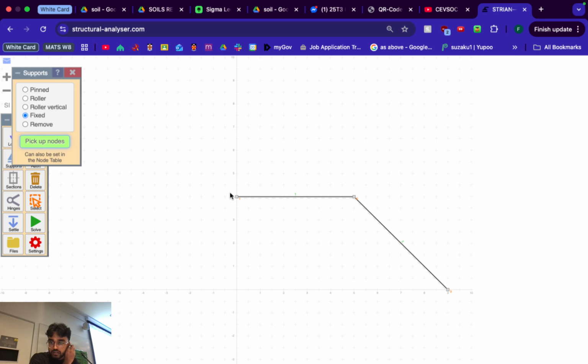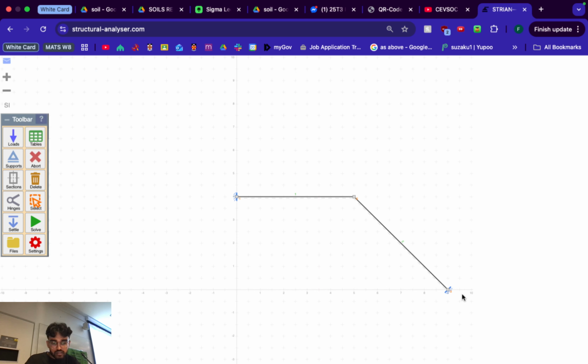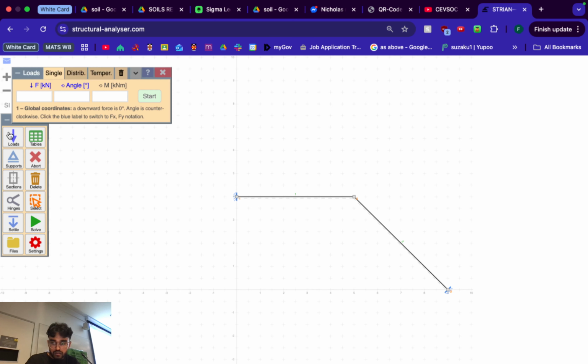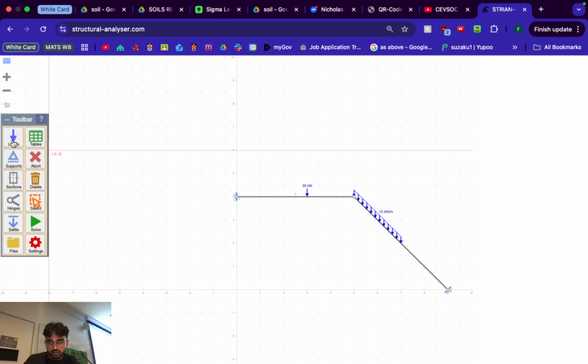Supports fixed. This one, this one. I see it's weird. And then I've got a UDL 15. That's what I'm thinking.